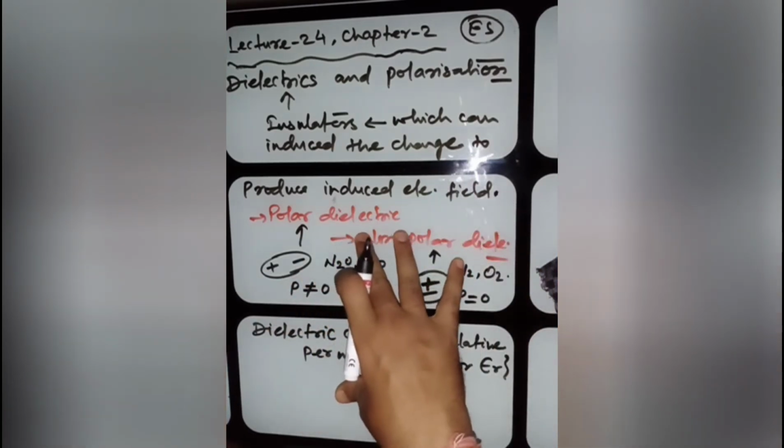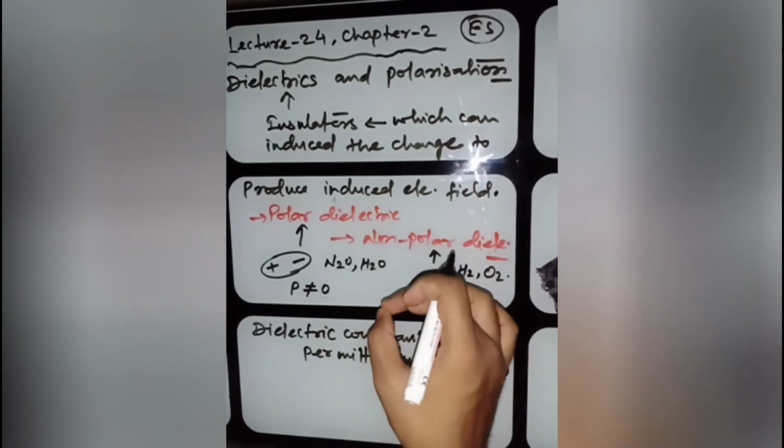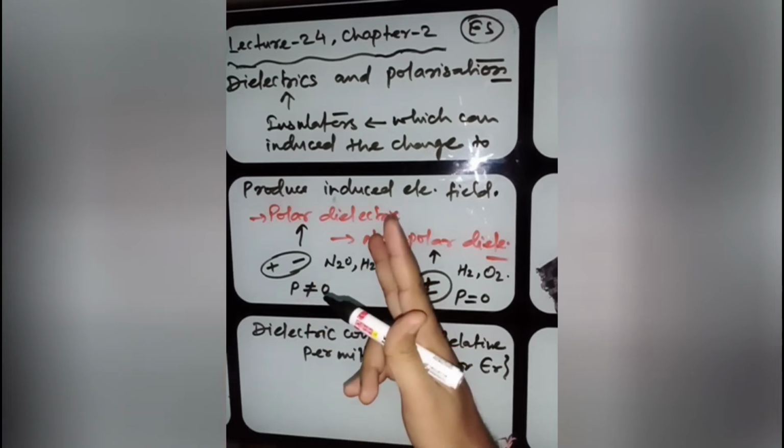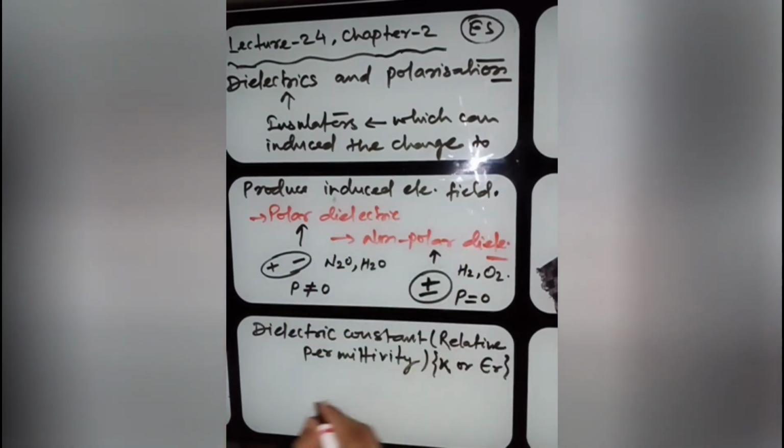What is this dielectric constant, my dear student? You can write the definition: it is the ratio of the force between two charges in vacuum to the force between the same charges placed at the same separation but in the presence of a dielectric medium.